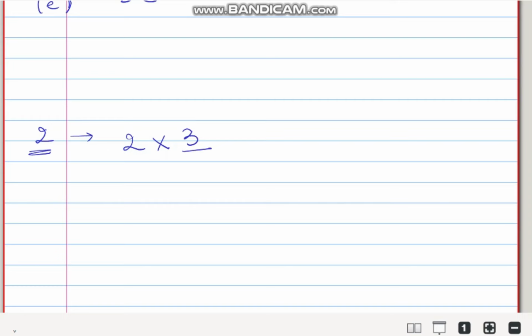It's just an example. You can multiply it by 2 by 2, 4 by 4, 5 by 5, anything. 3 by 3 is 1, and in mathematics we are allowed to multiply anything by 1. So we get 6 by 3. Now the 2 is represented in this form. This is just a representation: this form is not prime, but the number 2 itself is prime.